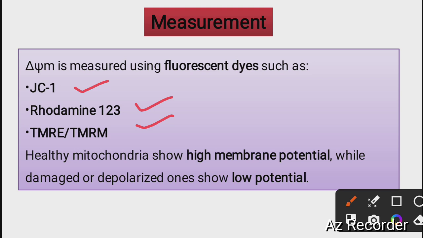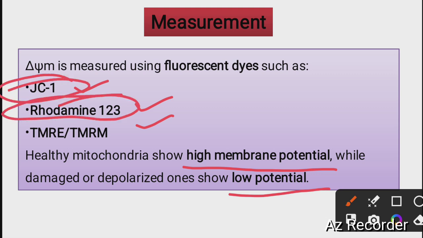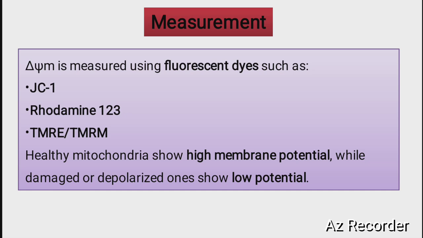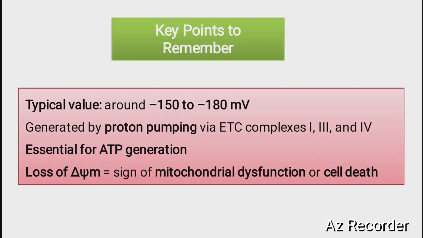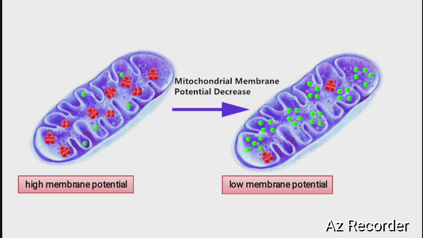Healthy mitochondria show a high membrane potential, while damaged or depolarized mitochondria show a lower potential. By this, we analyze healthy versus non-healthy mitochondria.